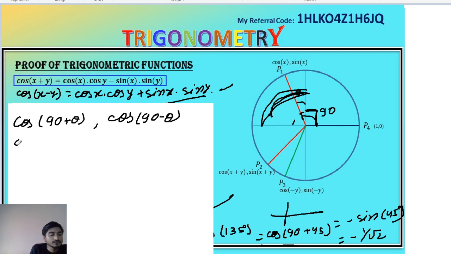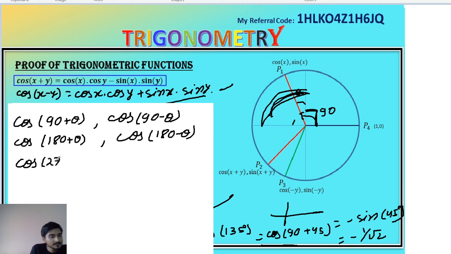Then cos of 180 plus theta you can solve using this, cos of 180 minus theta, cos of 270 plus theta, cos of 270 minus theta you can solve.